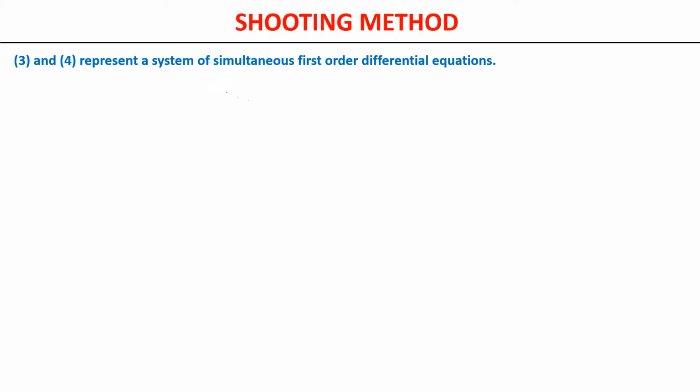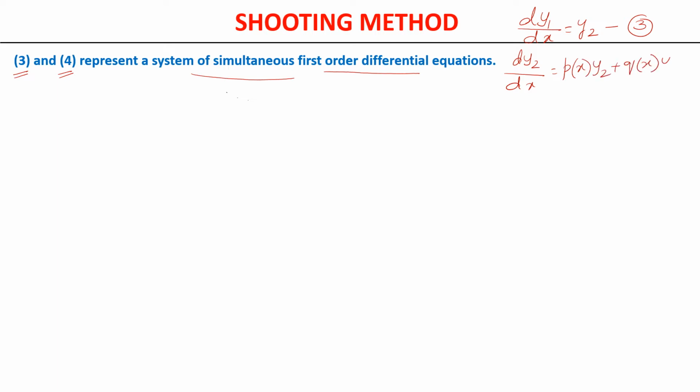So what we have seen here is the second order differential equation is now reduced to equations 3 and 4, and they represent a system of simultaneous first order differential equations. If you recall the previous slide, we used dy1 by dx, we called it y2, we call this equation 3, and dy2 by dx as p of x into y2 plus q of x into y1 plus r of x to represent the fourth equation.